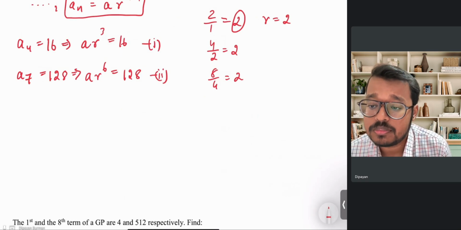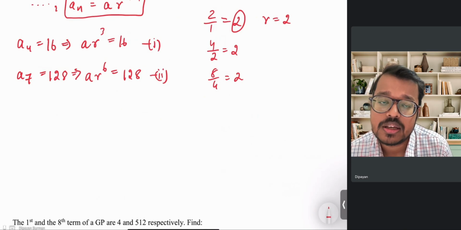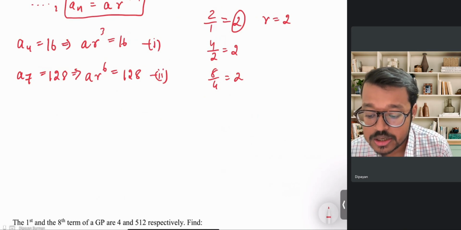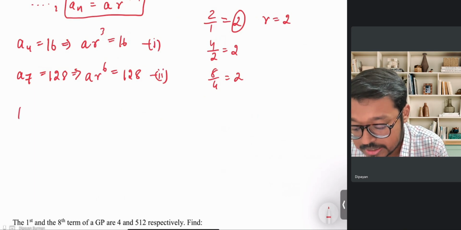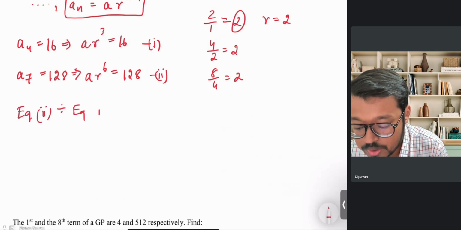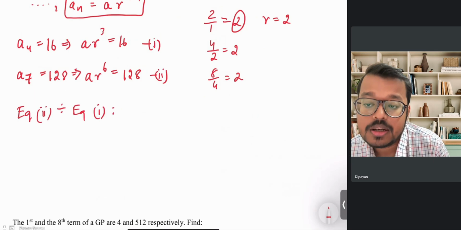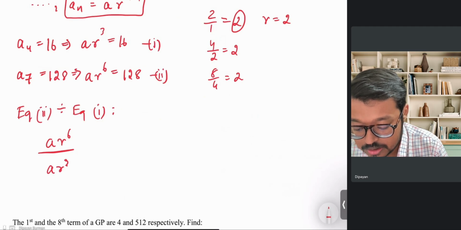So I can look at these two equations and see that both the equations have an A, which is multiplied. So I can divide both the equations. For example, I can take equation 2 divided by equation 1. So then the left side I have AR to the power 6, and the first equation's left side is AR cube, and that should be equal to 128 divided by 16.